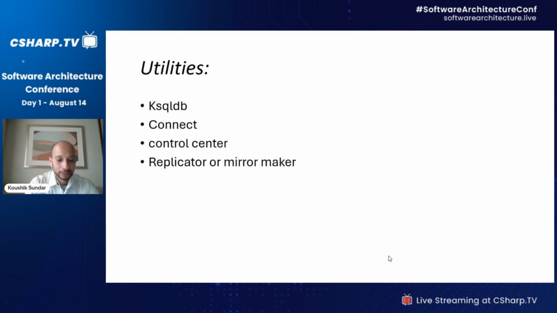And to talk about the utilities, I'll try to keep this short because we'll have some time for questions. Kafka offers KSQL, with which we can query the messages using KSQL DB to extract valuable insight. Normally, this is not widely used unless there are specific use cases.